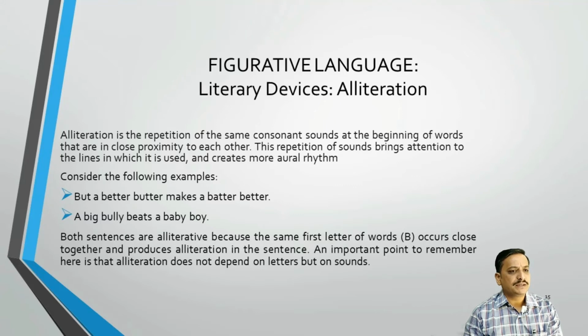But a better butter makes a batter better, or a big bully beats a baby boy. Both sentences are alliterative because the first same letter of words, B, occurs close together and produces alliteration in the sentence. An important point to remember here is that alliteration does not depend on letters but on sounds.